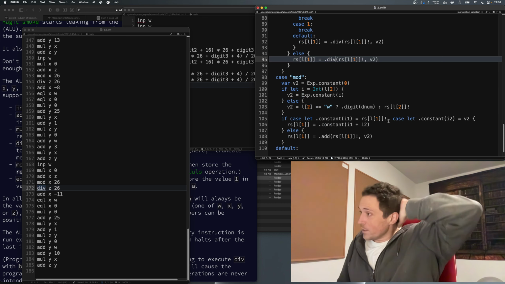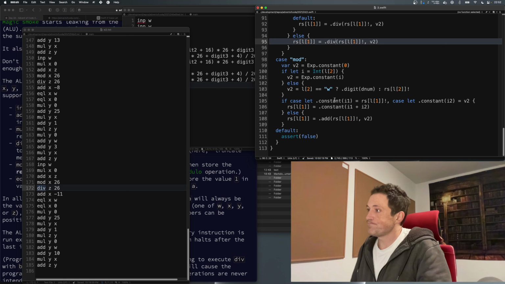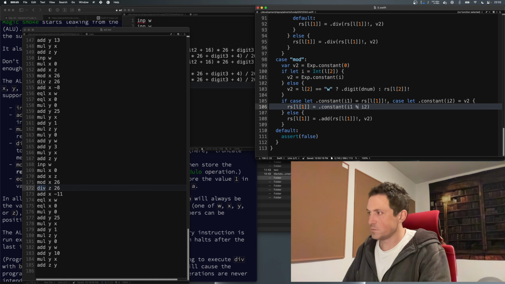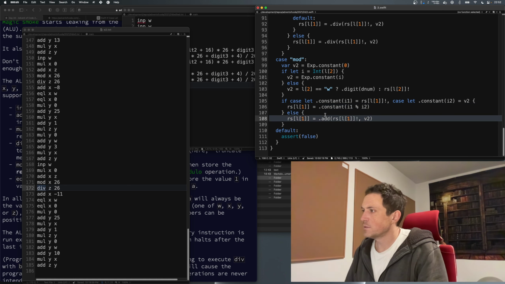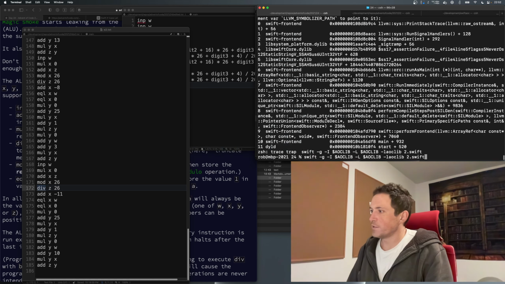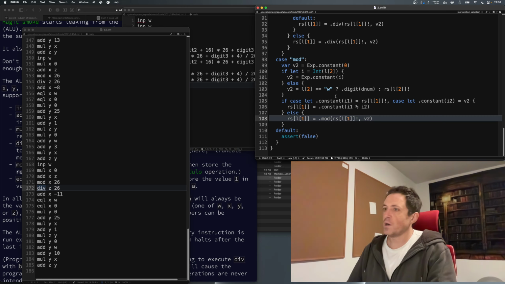And then mod, we're not doing any of that brilliant optimization. If mod. Okay, let's see if this compiles and then asserts. Yes, good. That's exactly what we want.